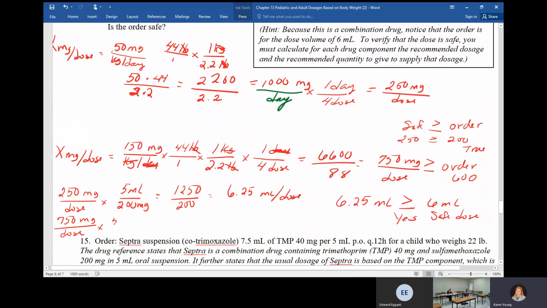So times, again, the 5 milliliters on top, the 600 milligrams. I can do 750 times 5. Excuse me, the 3750 divided by 600. And again, I get 6.25 milliliters per dose. These should be the same. When you work them, you should get the same milliliters per dose for both of them.